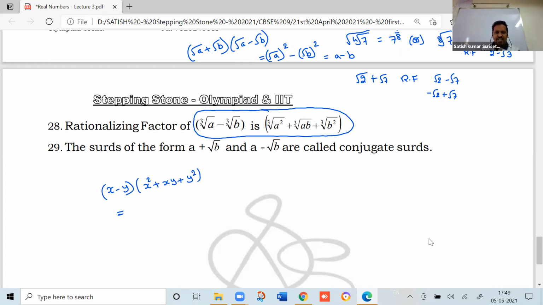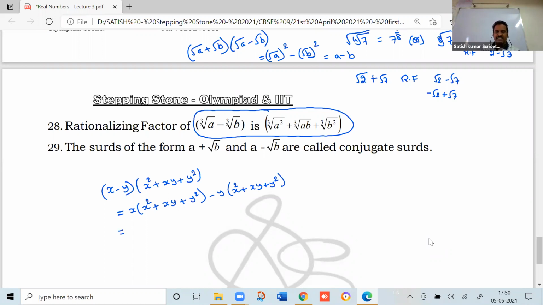Tell me how to take the product. x into all the terms, minus y into all the terms. So when I multiply x with all the terms, that means x into x square plus xy plus y square, then again minus y into x square plus xy plus y square. Now tell me the expansion.